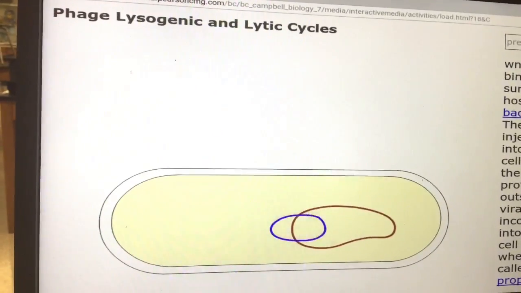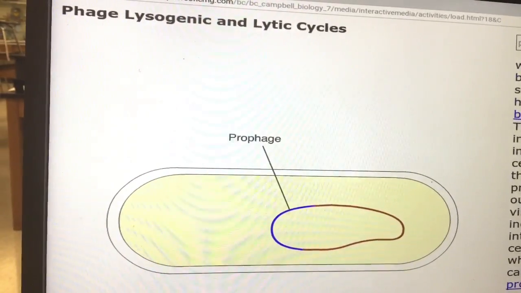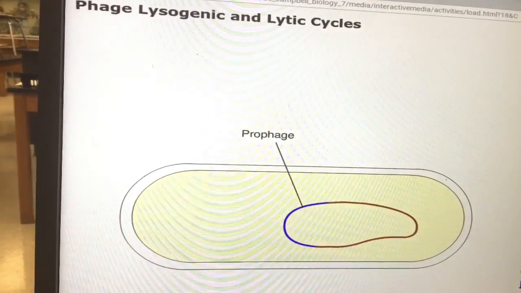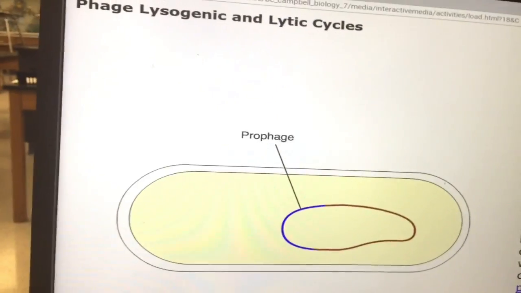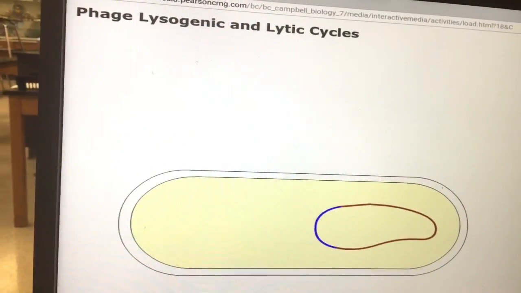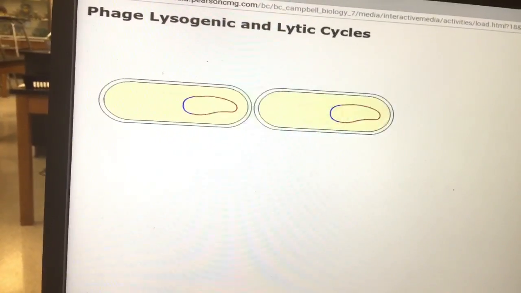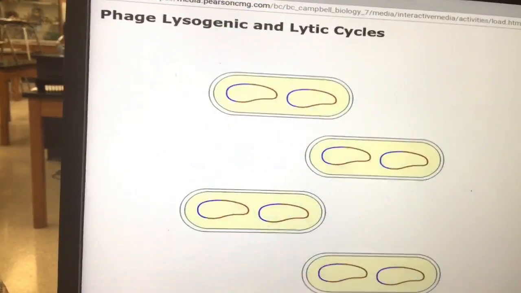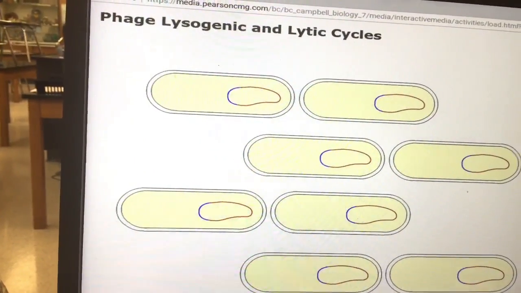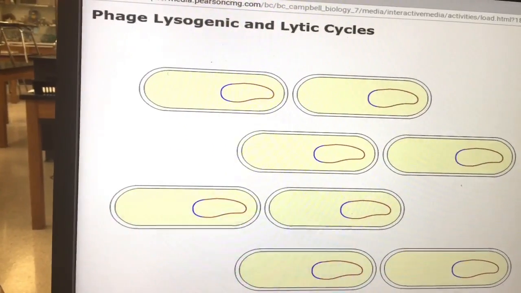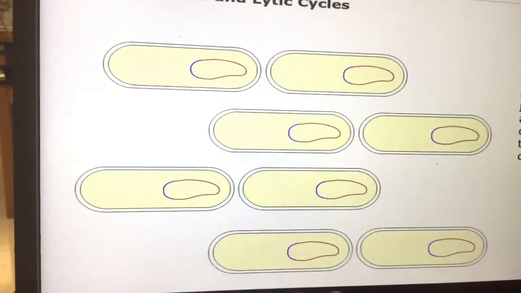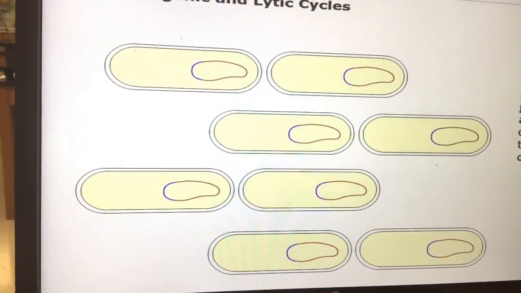You saw that didn't go in, and the viral DNA is incorporated into the host cell's DNA, and it's called a prophage when it does that. Then every time the host bacterium reproduces, it replicates that phage DNA along with its own DNA, and so very quickly you can have millions of bacteria that have the prophage in them and can, anytime, do the following.